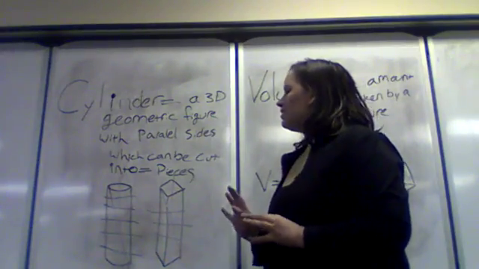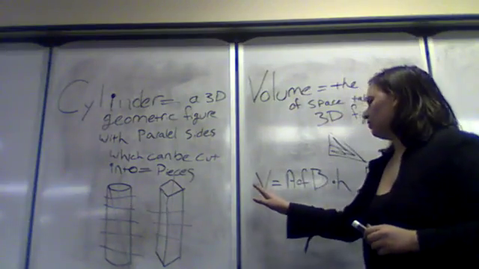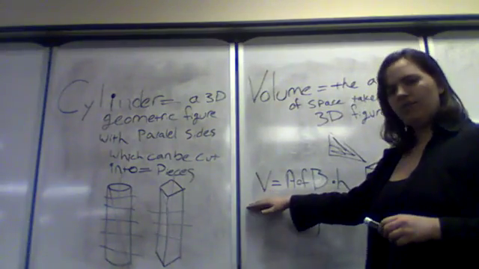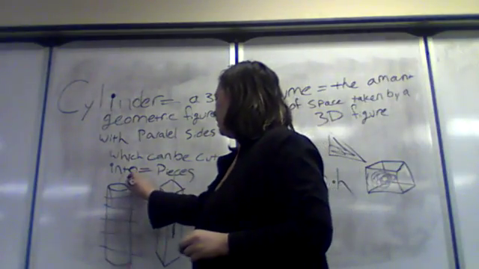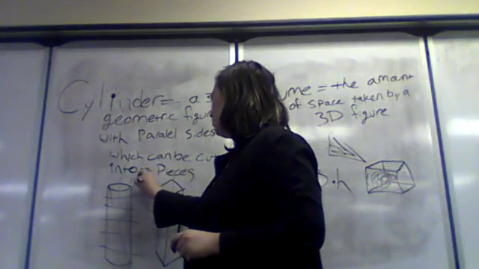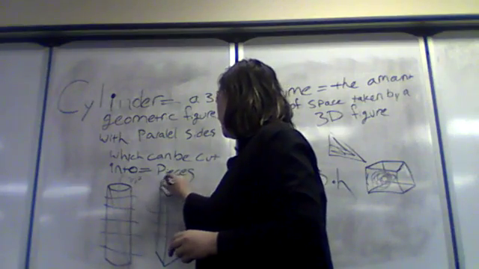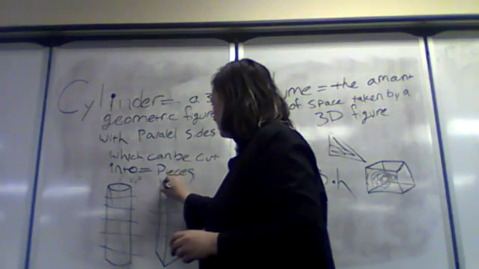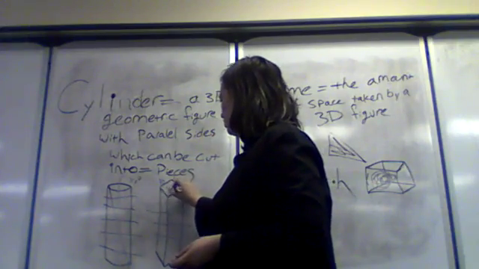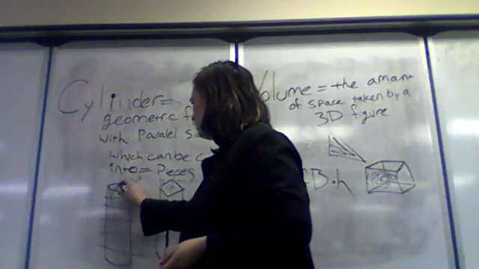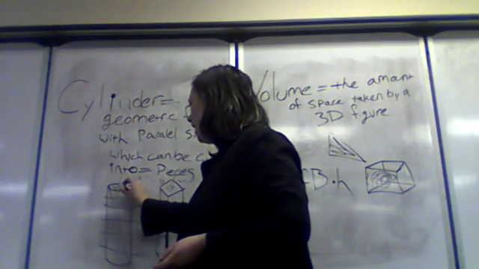So the basic formula to find the volume of a cylinder is going to be the area of the base. So in this case, for a circle, it's going to be pi r squared, or for a square, it's simply going to be base times height. And say this is 12, this can be 3 pi.